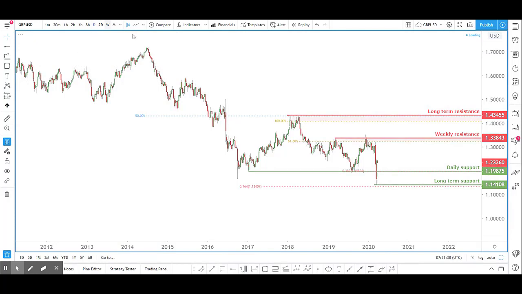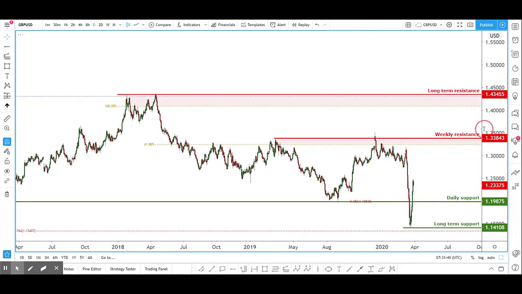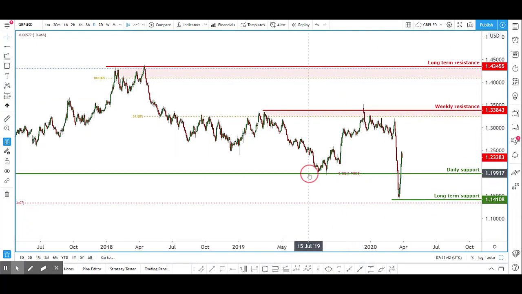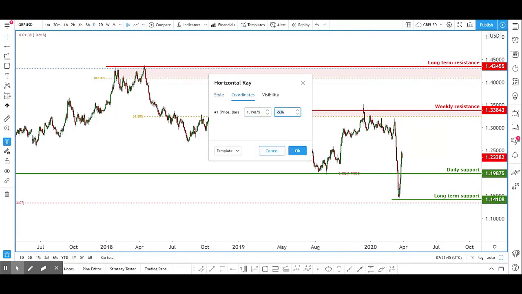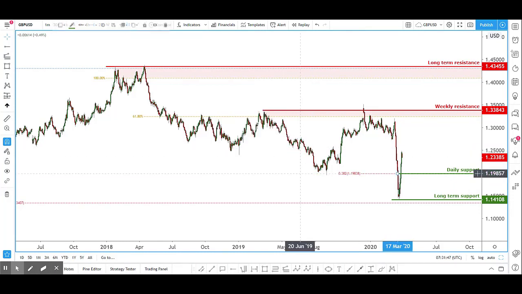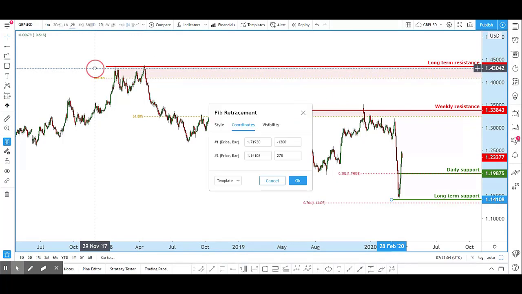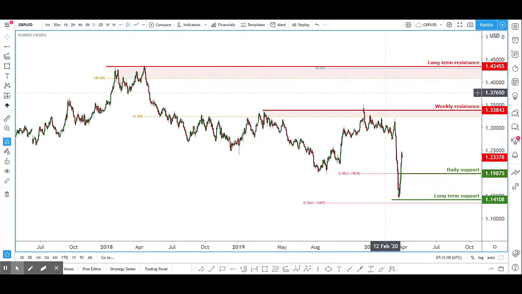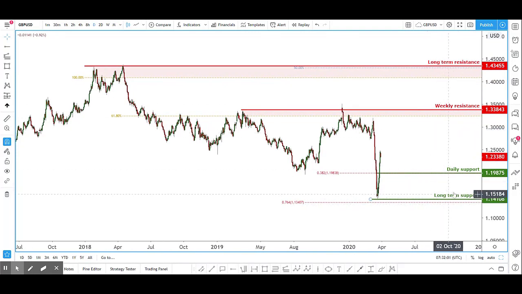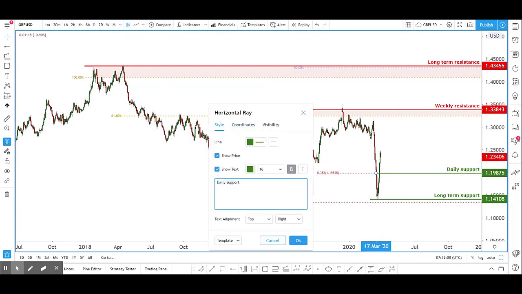So with that, let's just go down to the daily, right? And let me tidy this chart up. So we currently have our long-term support, long-term resistance, weekly resistance, and our weekly support, because this was found on the weekly time frame.